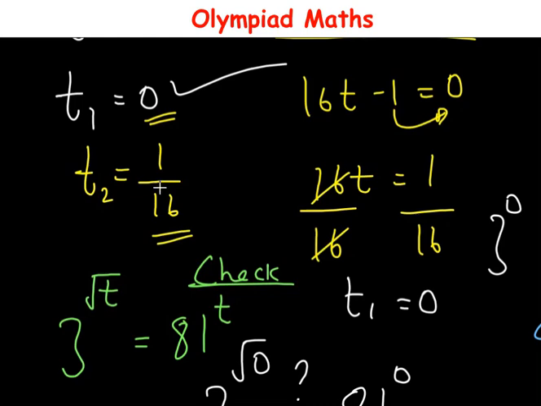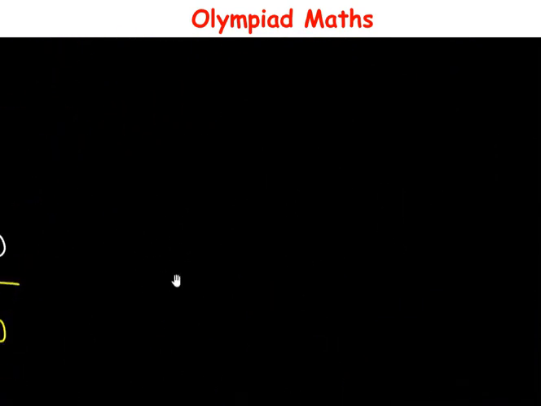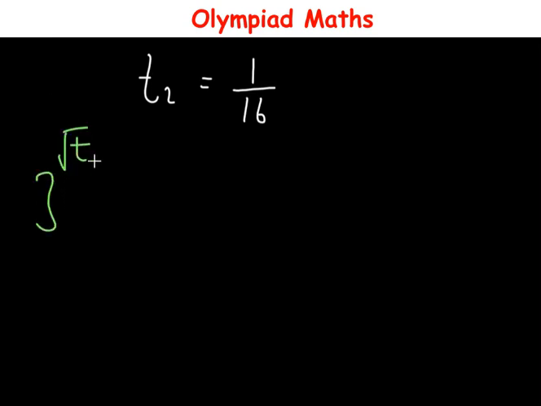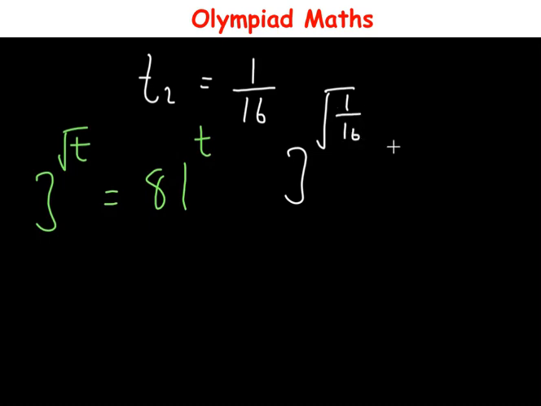Now, what of t2, which is 1 over 16? Let us check that out. So, right here, t2 is equal to 1 over 16. And the question is 3 raised to power root t is equal to 81 raised to power t. And putting the value of t as this into this equation, what we have is 3 raised to power root t, t is 1 over 16, equals 81 raised to power t, t is 1 over 16.